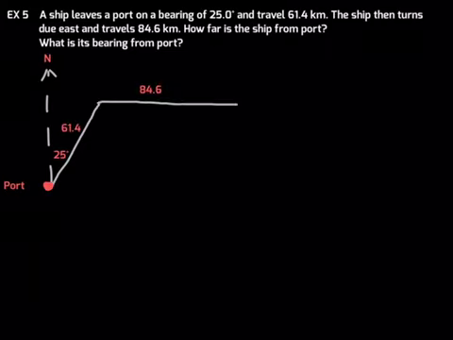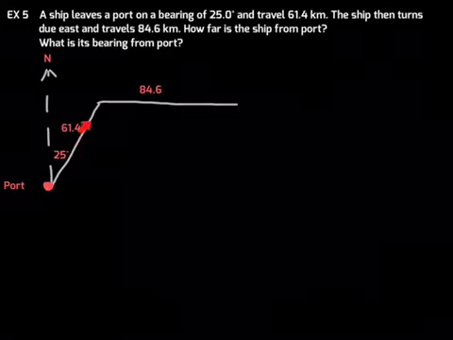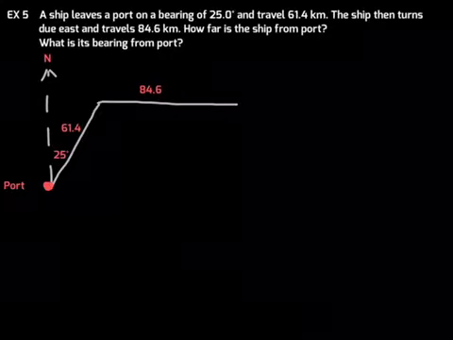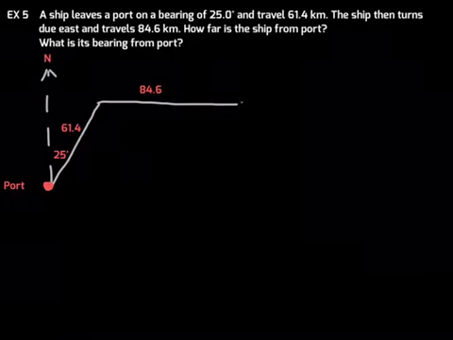All right, everybody. So the ship left port on a bearing of 25 degrees from due north, and then it went due east and traveled for 84.6 kilometers. The question is, how far is the ship from port? So the ship is right here, and the question is, what is its distance from the port?